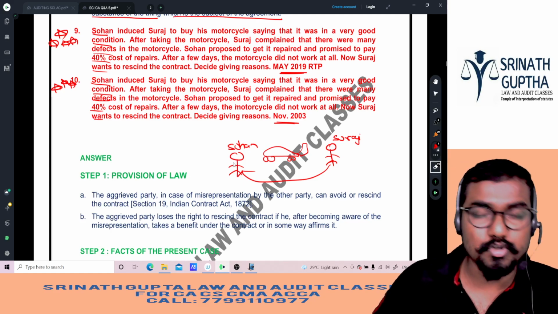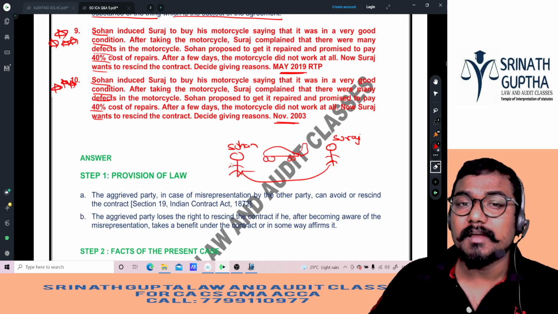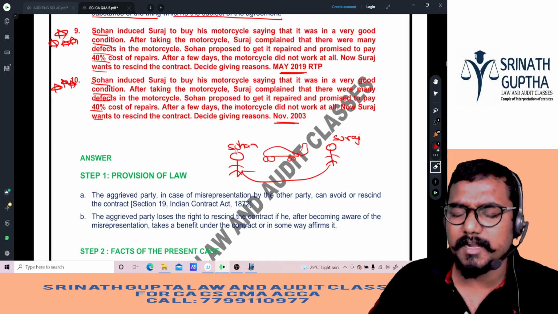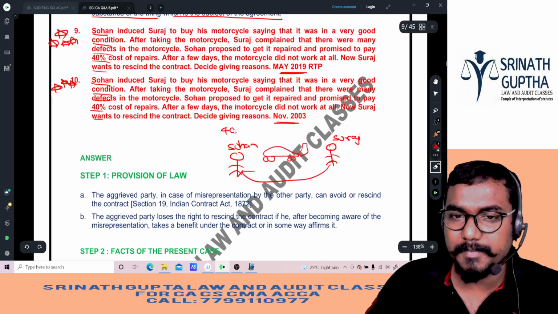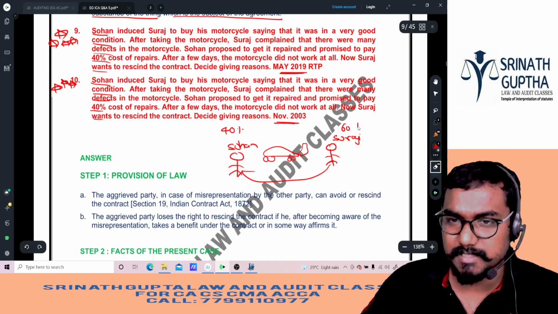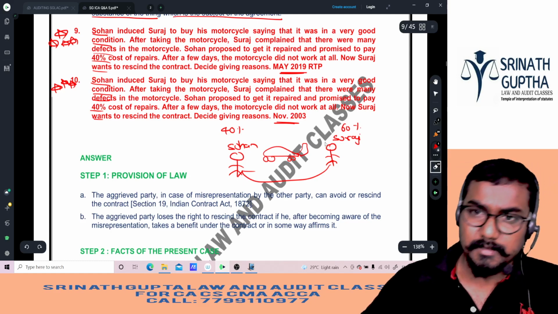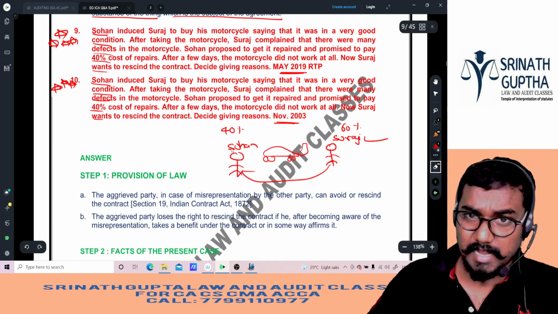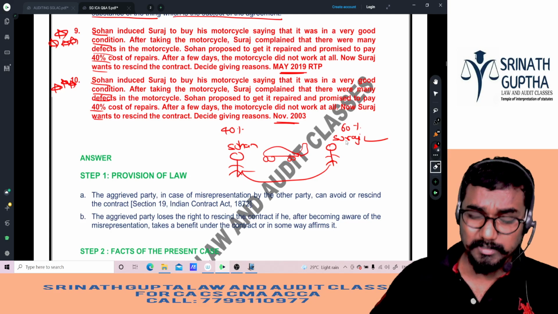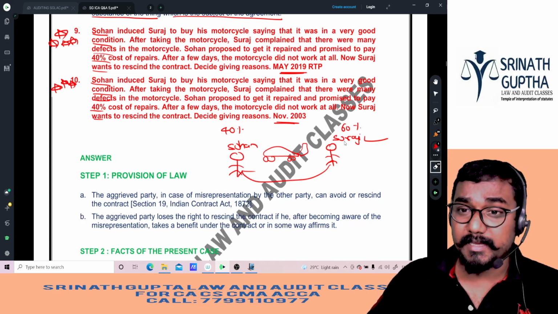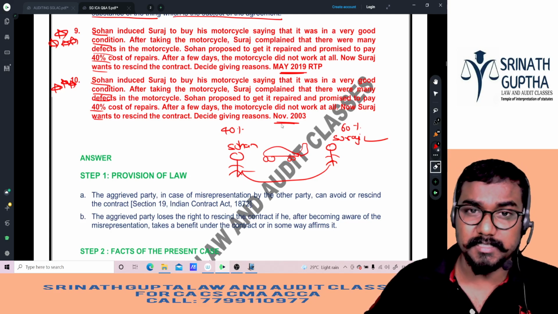Sohan said, let us go for repair, and if 100 rupees is incurred for repair, I will bear 40%. Do one thing, you bear 60%. Suraj agreed to that also, beta. Sohan has to pay 40% of the repair. Buyer Suraj has to pay the 60%.